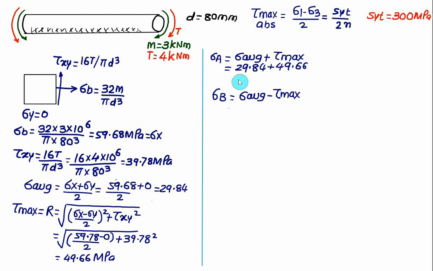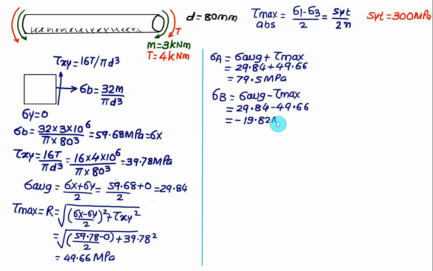So sigma A is equal to 79.5 megapascal. Similarly, we can calculate sigma B. The second principal stress is sigma average minus tau max, which is 29.84 minus 49.66.